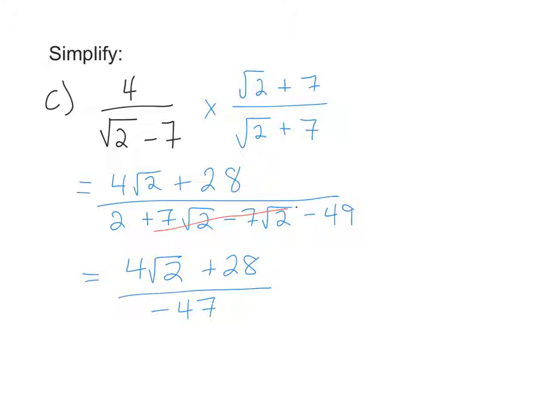One thing that you may want to do, and you don't have to do this, but it's sometimes strange to have a negative in the denominator. So you can move that negative to the numerator, and we could change this to negative 4 root 2 minus 28 over, oh, sorry, over 47.